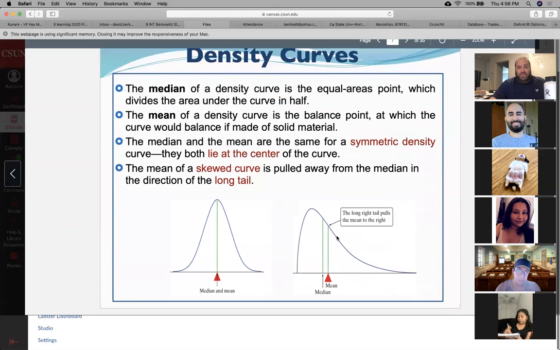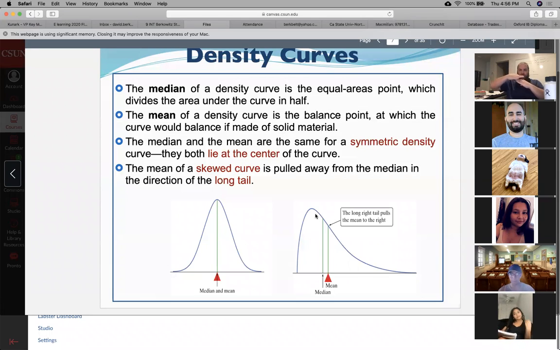The median of the density curve is 50% left, 50% right. So if it's symmetric, the median is going to be right in the middle. If it's skewed one way, then the median is pulled along for the ride, just not as much as the mean. The mean is the balance point. If you imagine this being a physical object, and you have a little pivot, whatever they're called.